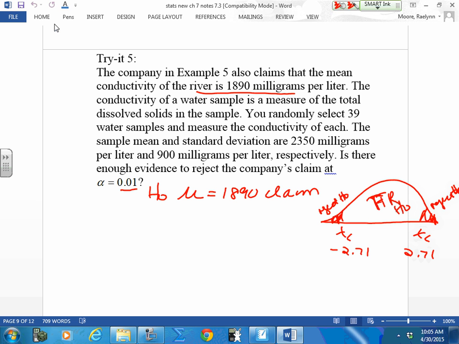Now, we do your test statistic, using the standard deviation from the sample. We sampled 39, with a sample mean of 2350 and a standard deviation of 900.